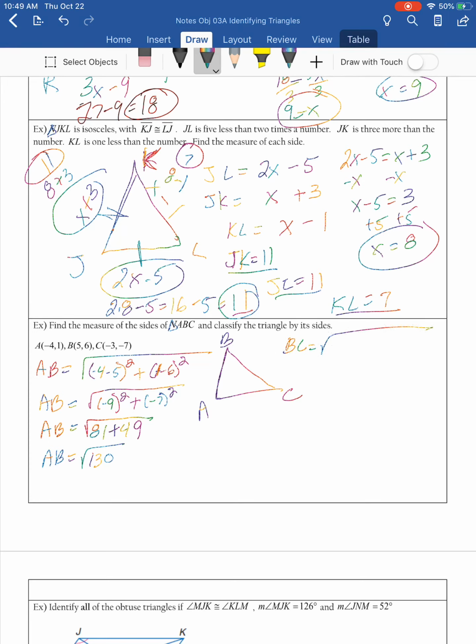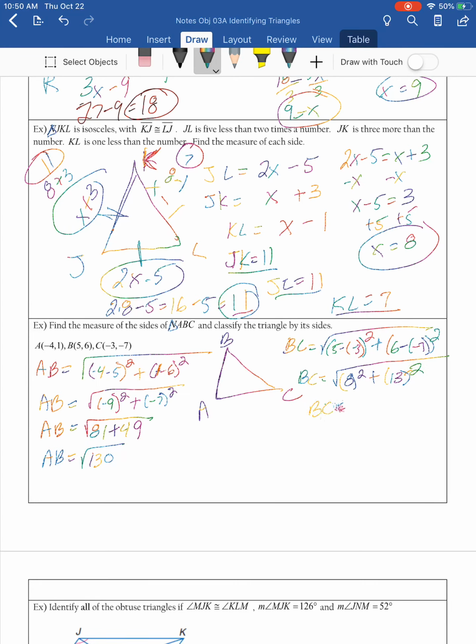Now I do from B to C, let's say. So I do square root. That's going to be 5 minus -3 squared plus 6 minus -7 squared. Distance from B to C is equal to 8 squared plus 13 squared.